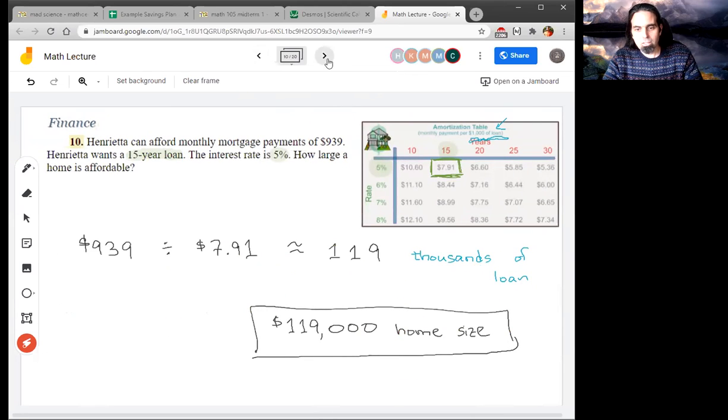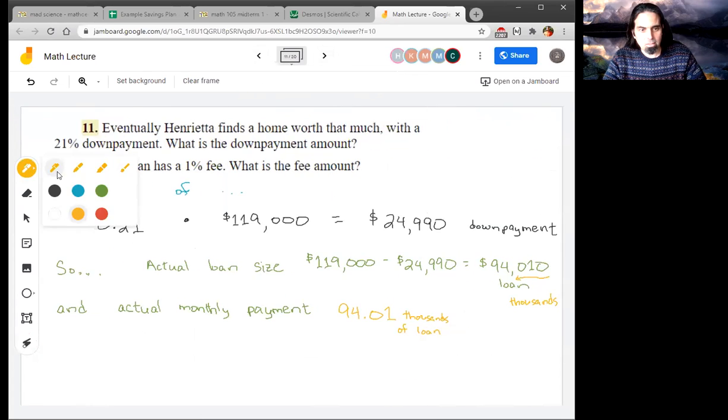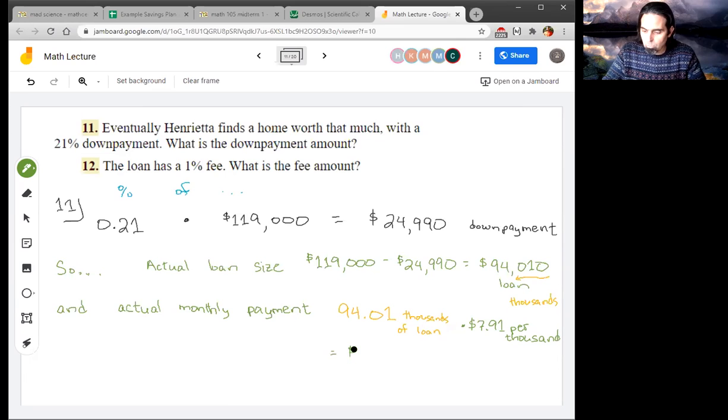And yes, the 791. And we get, 94.01 times 791 is 743.62.